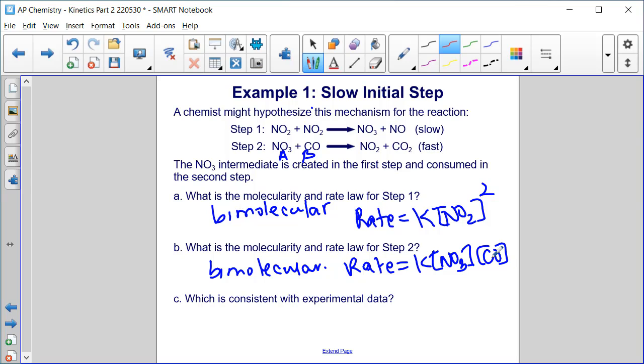So on the previous slide, we said that the experimental data showed this to be the rate law. So step 1 is consistent with experimental data.